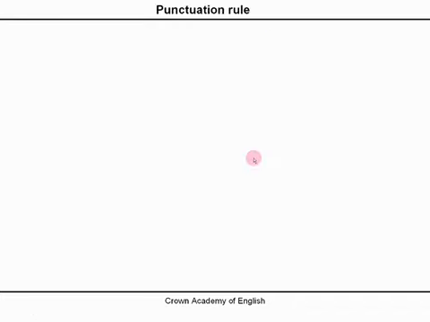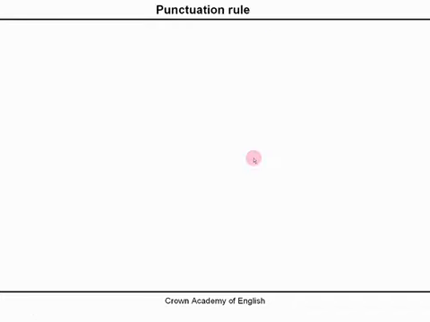The punctuation, this is the last rule, the punctuation rule. We do not use commas when writing defining relative clauses. For example, here we have the sentence without commas, and this is correct.